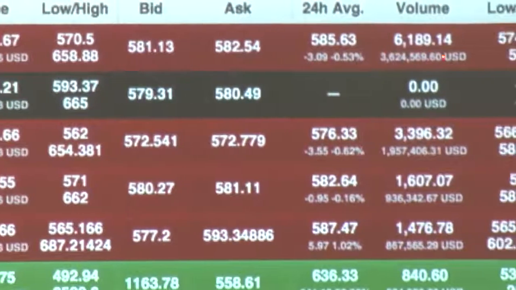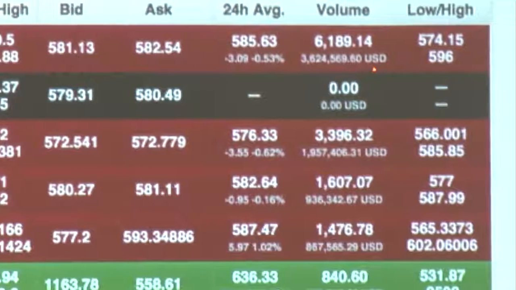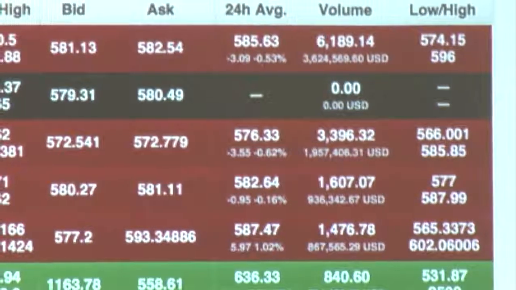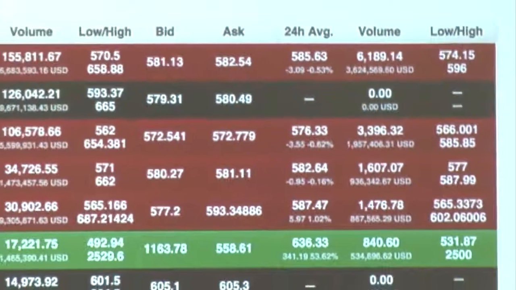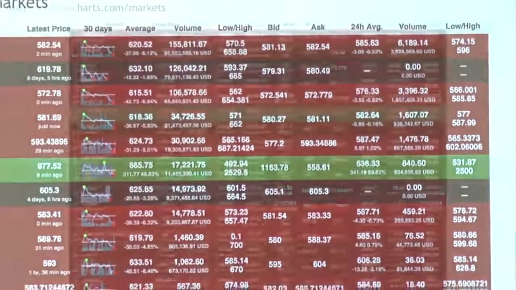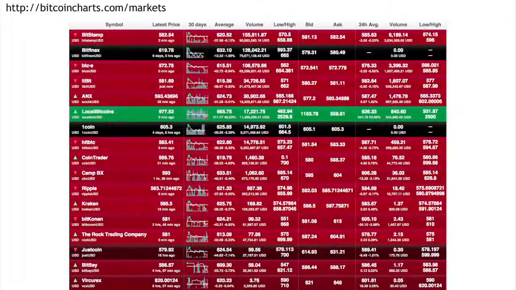The volume was about 6,100 Bitcoins, or about $3.6 million over the previous 24 hours. So you can see there's a lot of trading here. And if you go to this site live, you can see the prices move in real time as trades get made. So this is an active market, it's a liquid market, and there are plenty of places you can go to buy or sell Bitcoins.